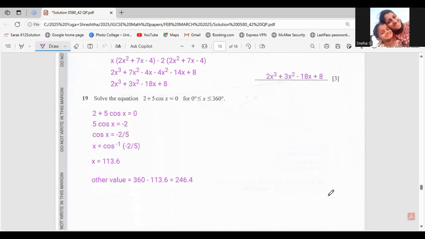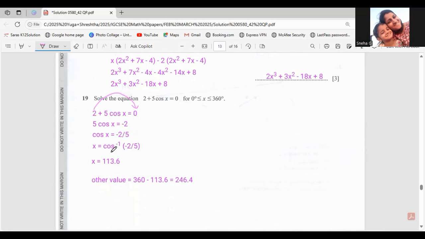Question number 19 of this question paper: solve the equation 2 plus 5 cos x is equal to 0. So 5 cos x is equal to minus 2, because positive 2 shifted to the other side will be minus 2. So cos x is equal to minus 2 divided by 5.